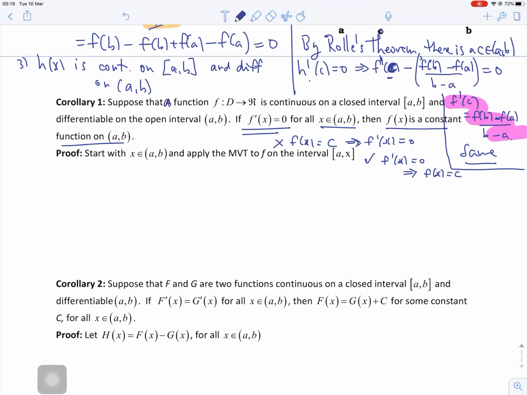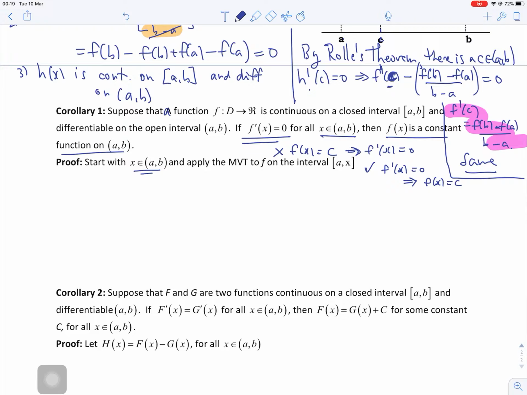Now, in order to prove this, we start with some x in the interval AB, and we apply the mean value theorem to the function f on the interval a to x. We can do that because if f is continuous on the closed interval AB, it's continuous on a to x, since it's a smaller interval.